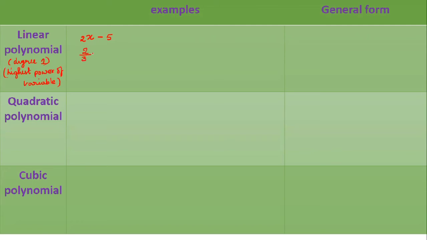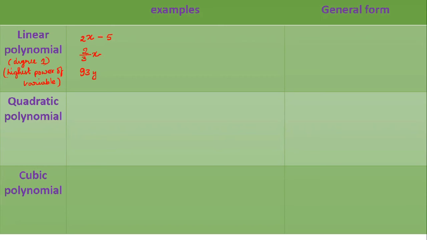It is a binomial. 2 by 3x is a linear polynomial having 1 term. 93y is a linear polynomial. It is a monomial having 1 term.